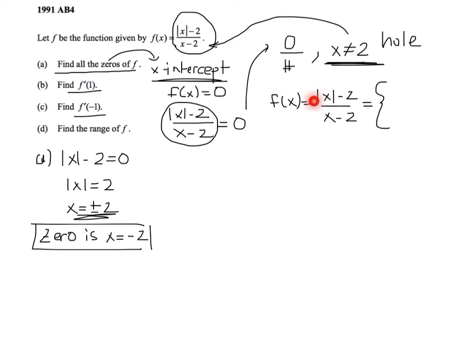Now, the positive piece: if x is positive, you don't even need the absolute value. It'd just be x minus 2 over x minus 2, which is really just equal to 1, for x greater than 0.